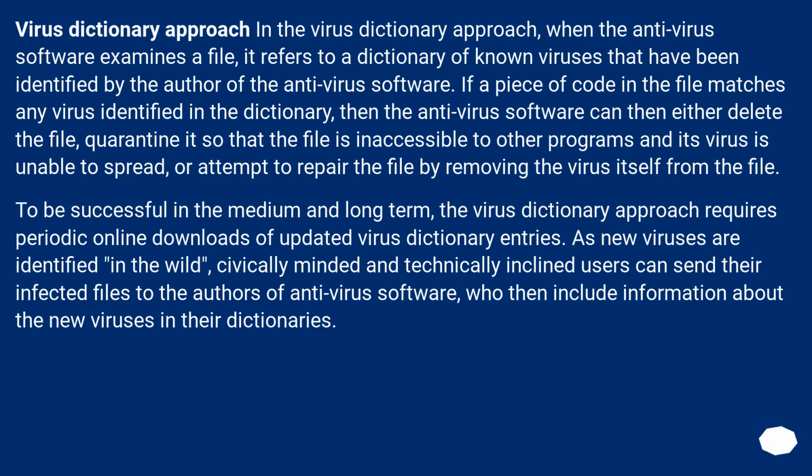To be successful in the medium and long term, the virus dictionary approach requires periodic online downloads of updated virus dictionary entries. As new viruses are identified in the wild, civically minded and technically inclined users can send their infected files to the authors of antivirus software, who then include information about the new viruses in their dictionaries.